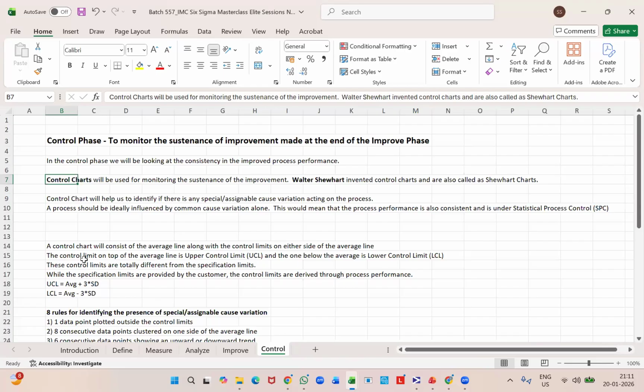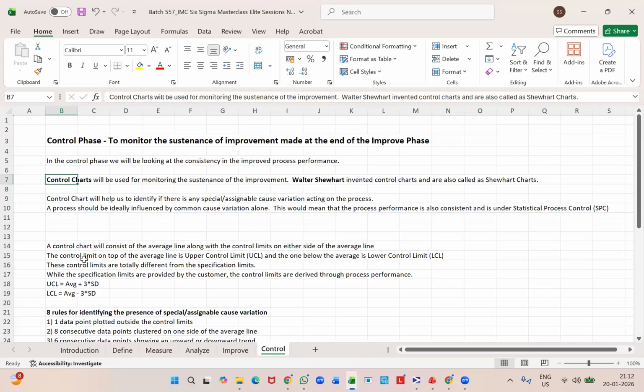When we are formulating the hypothesis statement for a control chart scenario, what will be the null hypothesis? The null hypothesis for a control chart scenario will always be that the process is influenced by common cause variation. What will be the alternate hypothesis which we need to establish by looking at the control chart? That the process is influenced by some special or assignable cause variation, which would be an exceptional scenario, right?